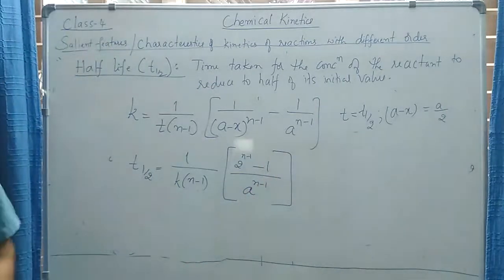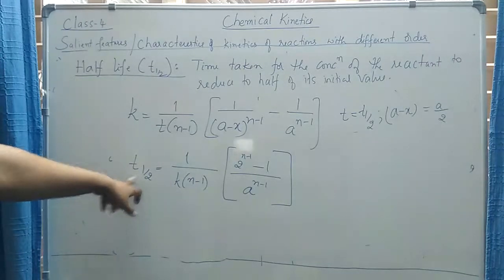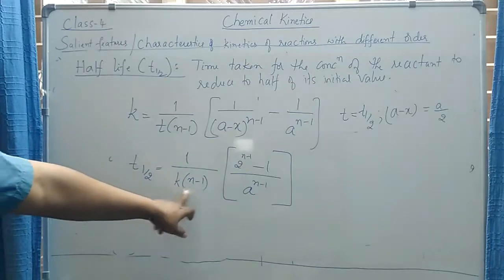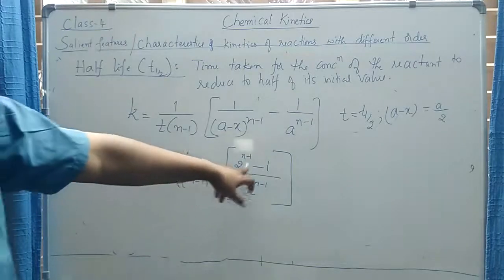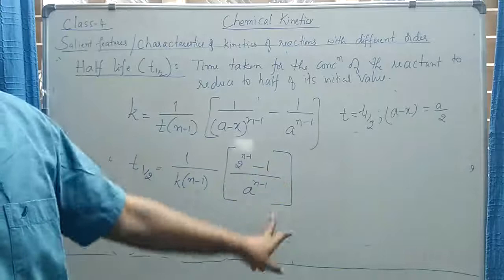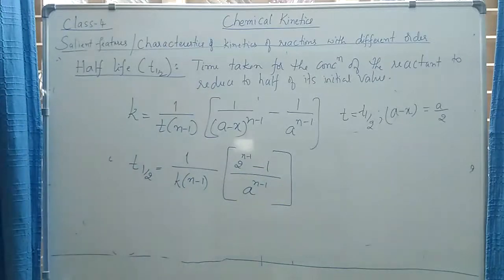So this is the expression for half-life of a reaction following nth order kinetics. Remember, this is only true if n is an integer. So half-life of an nth order reaction is 1 by k, rate constant, into n minus 1 into 2 to the power n minus 1 minus 1 divided by a to the power n minus 1.